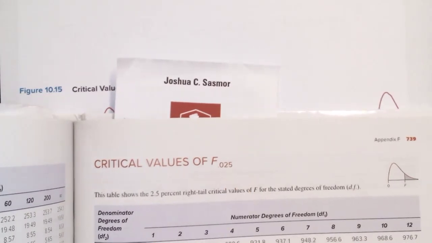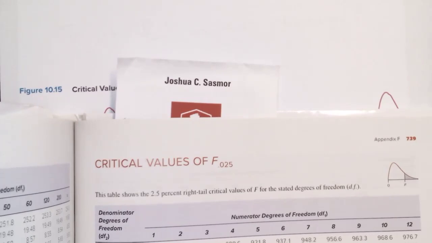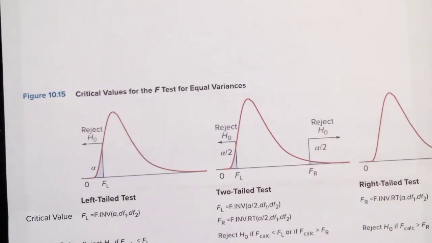Now, again, I'm going to tell you right now, right up front, there are the Excel commands. I want the left one, I do F inverse. I want the right one, I do F inverse dot right tail, RT.